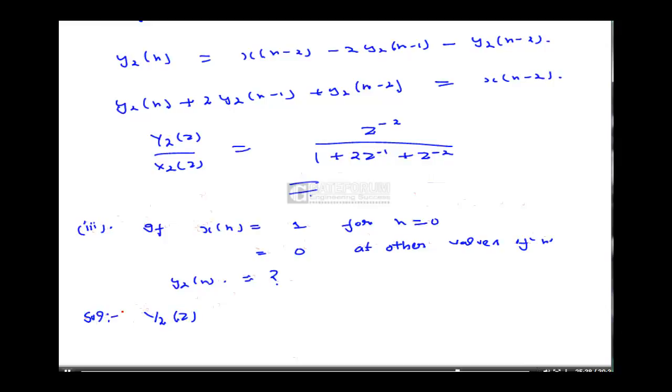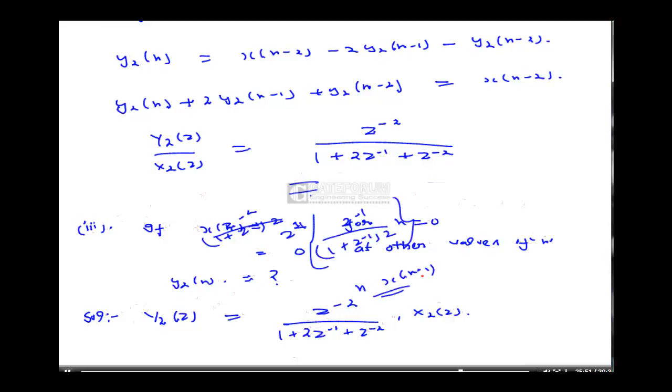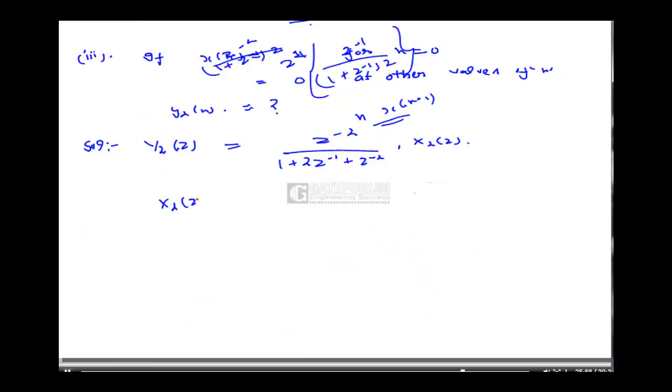Solution. Y2z, I already know, is equal to z to the power minus 2 upon 1 plus 2z to the power minus 1 plus z to the power minus 2 into xz.